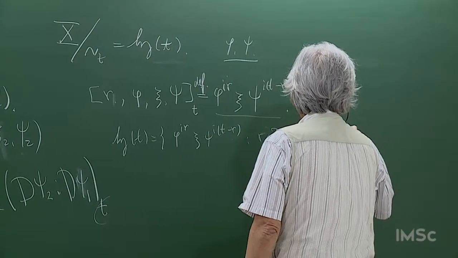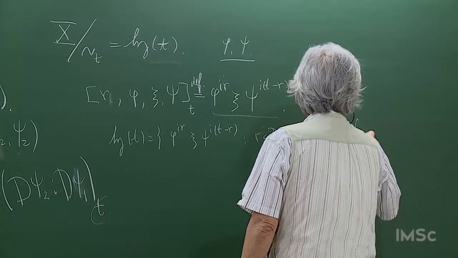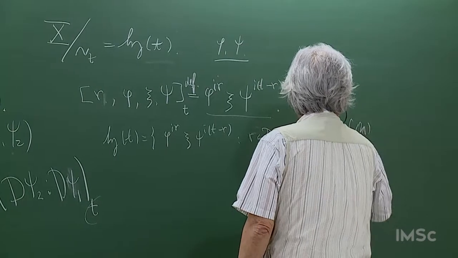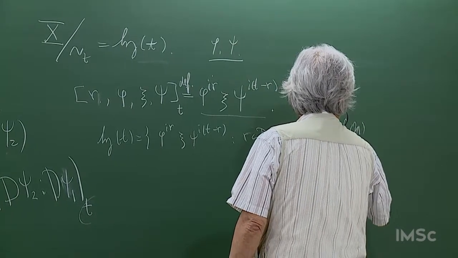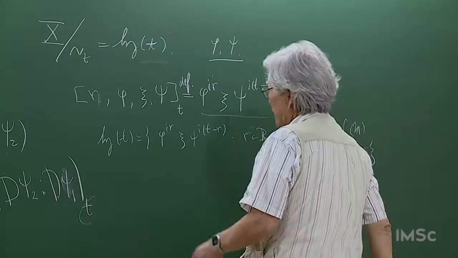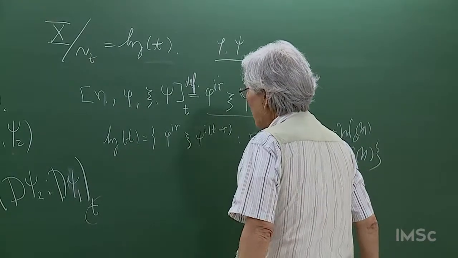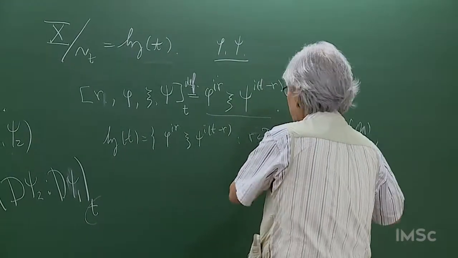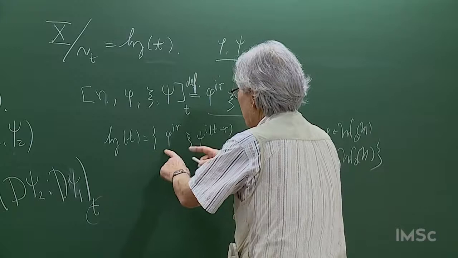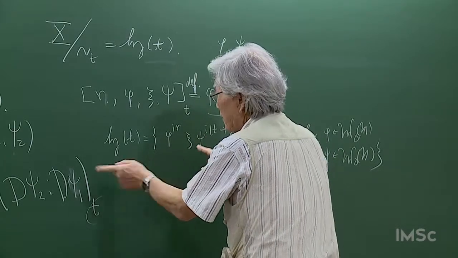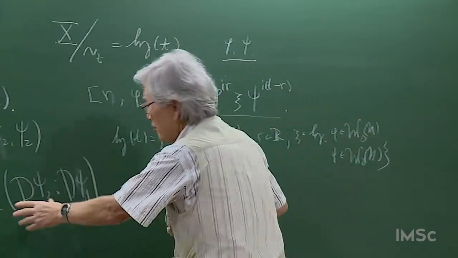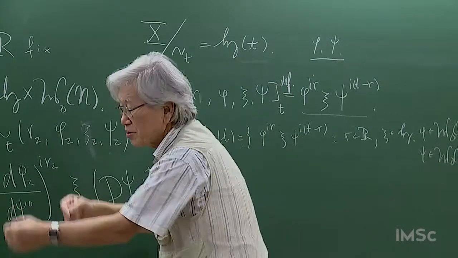So phi in M, psi in W naught of N. But choosing other psi doesn't make any difference. You can use this rule as well.